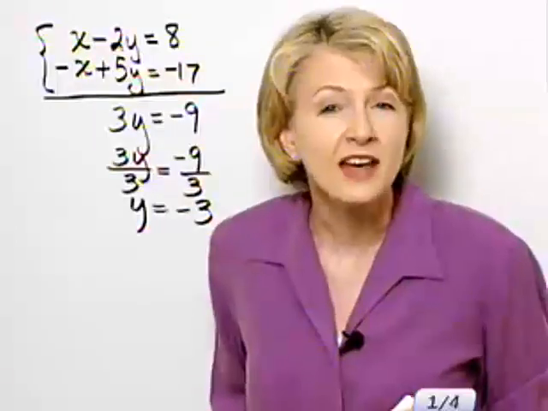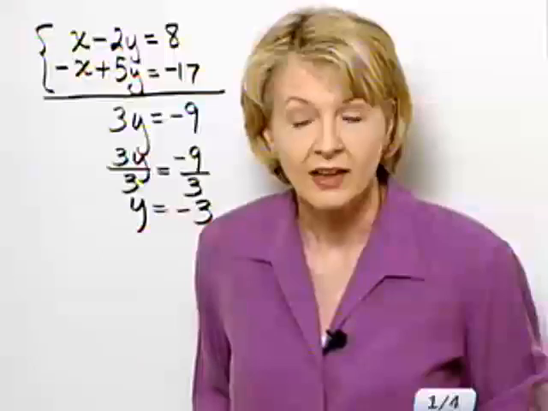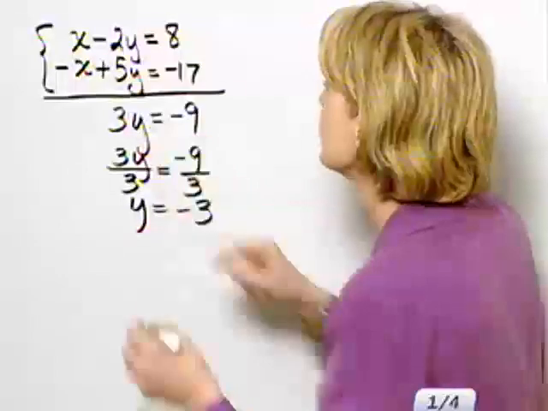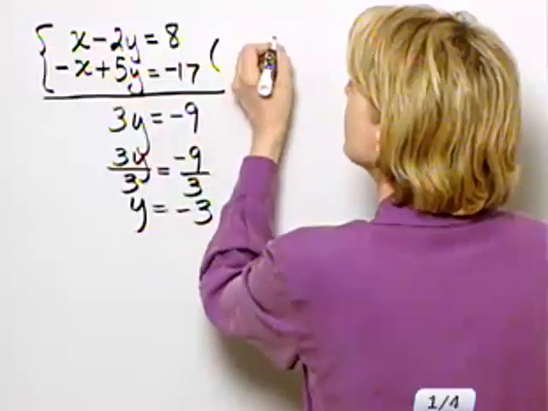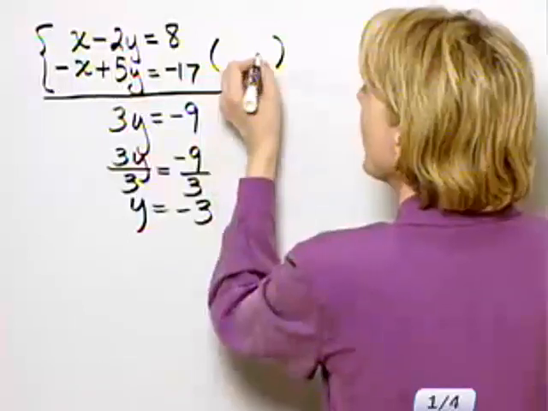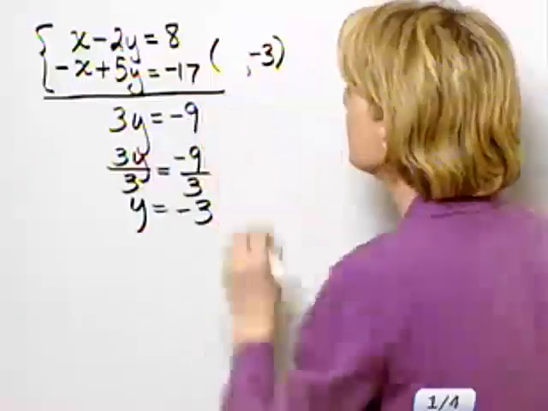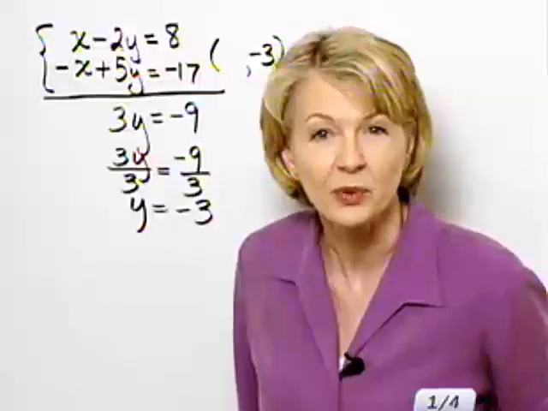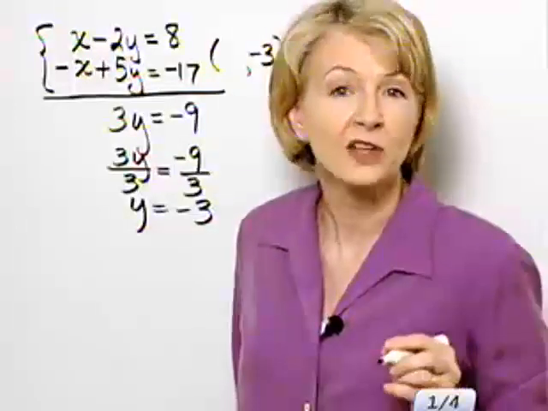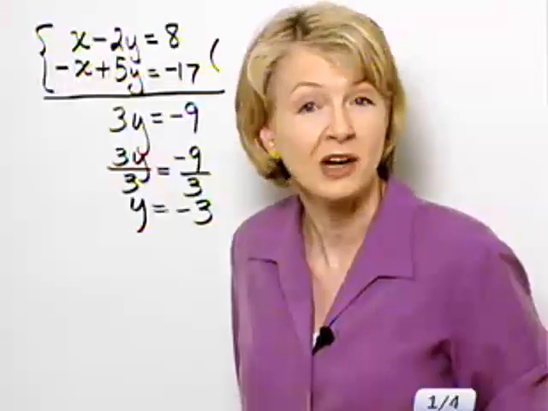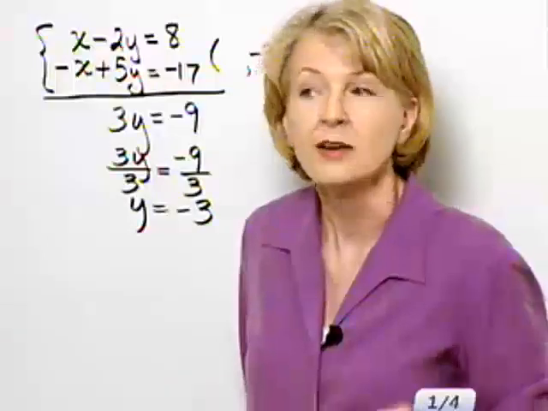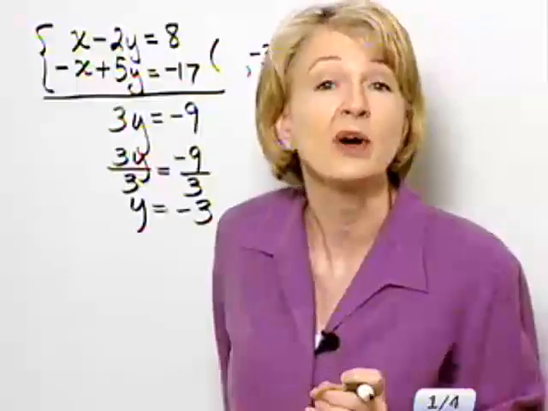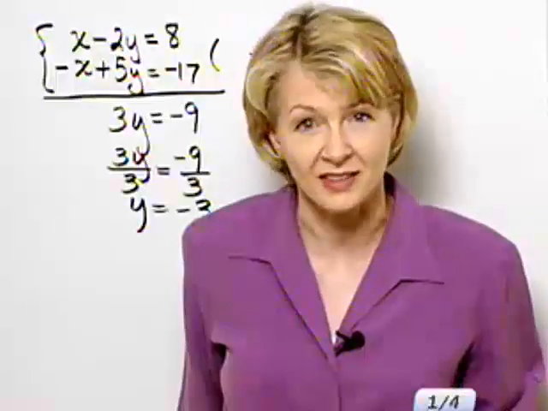So what does that mean so far? It means that this system has a single solution, and the y value of that solution is negative 3. How do we then find the corresponding x value of the solution? By using your knowledge of what it means to be a solution of a system.